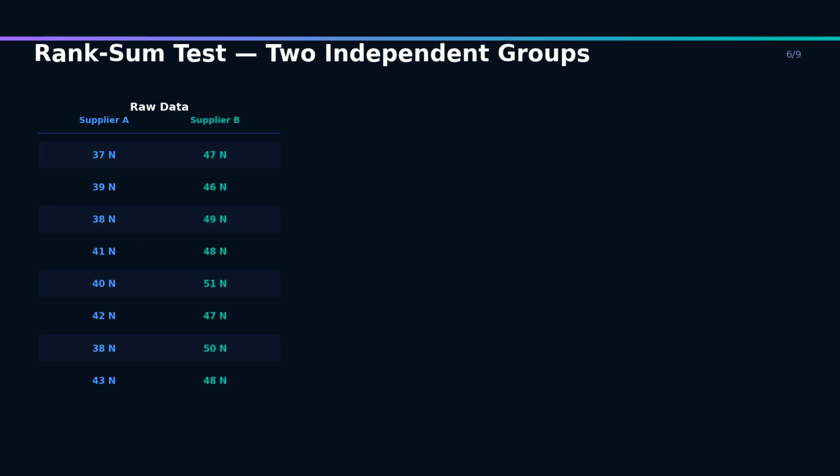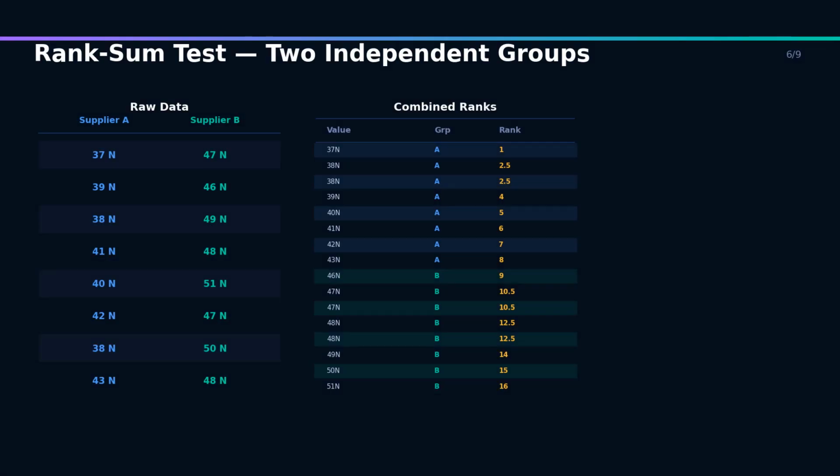The rank sum test is your tool when comparing two independent groups. Say you are evaluating insertion force from supplier A versus supplier B, each with 8 measurements. You pool all 16 values together, rank them from smallest to largest, but keep track of which group each value came from. Then you sum the ranks for each group separately.